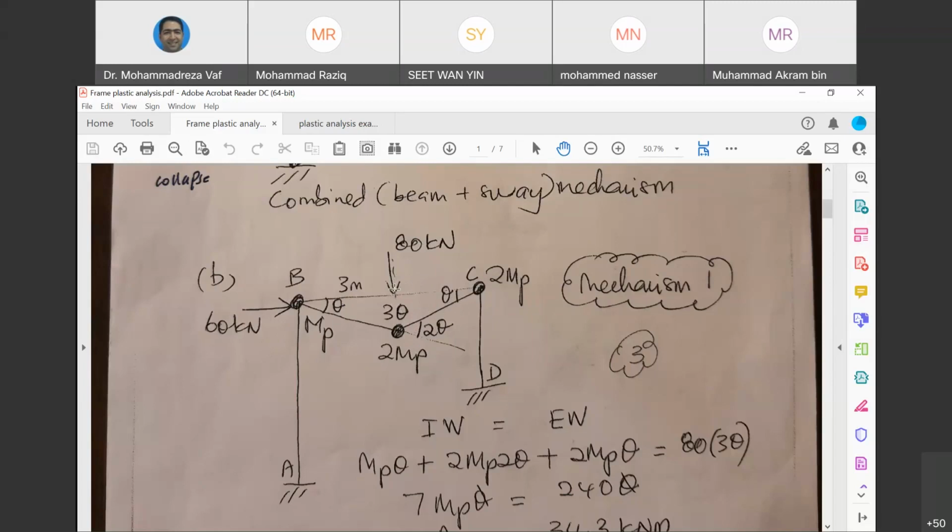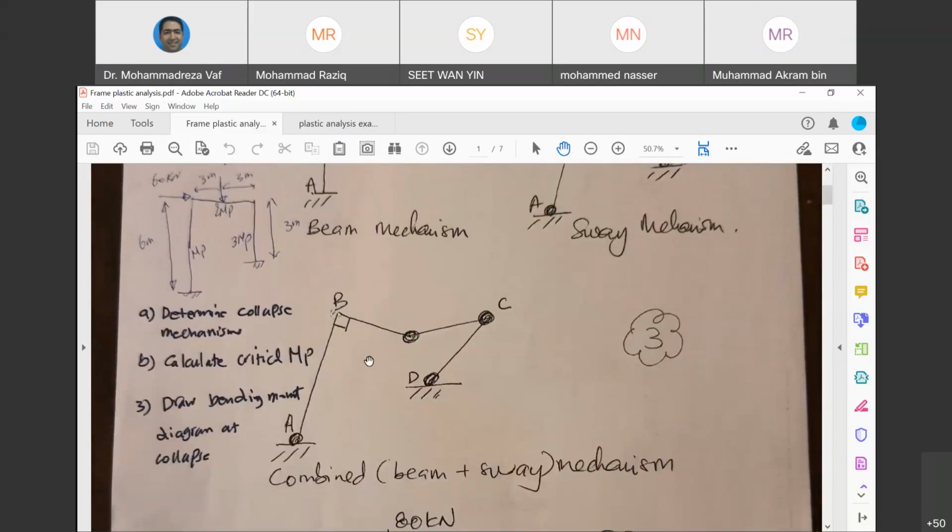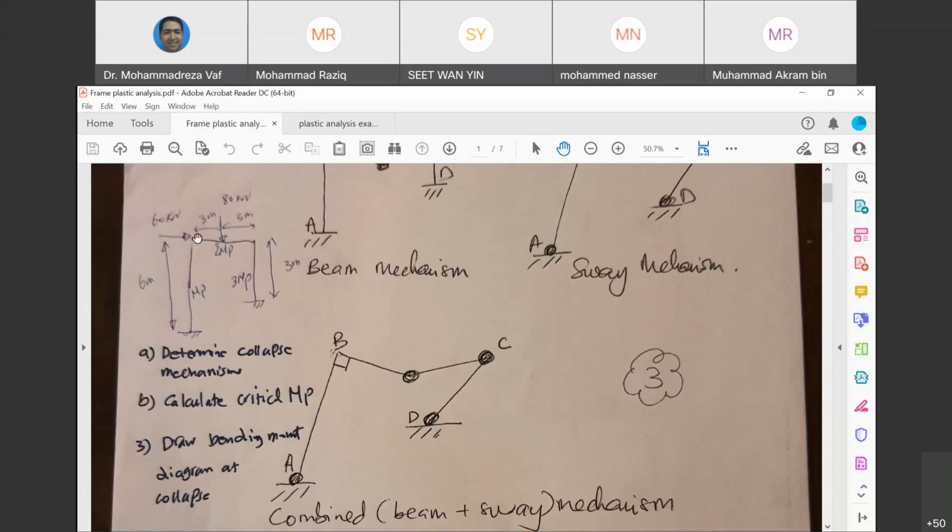So we assume that the deflection under the load is delta, and since it is exactly in the middle of the span, the rotations here and here are equal to each other, theta and theta. Since the length is 3 meters, the vertical displacement is going to be 3 theta. And one more point here before we go: we said when we have plastic hinges at the boundary of two different beams, we always consider the smallest one in our calculation.